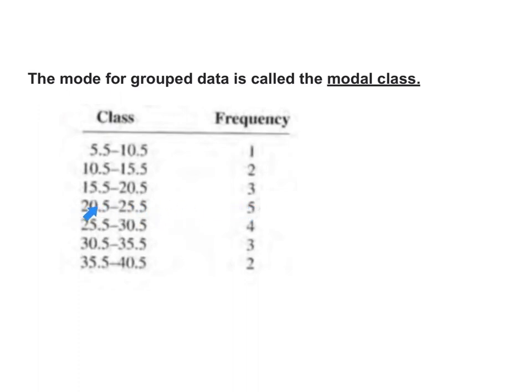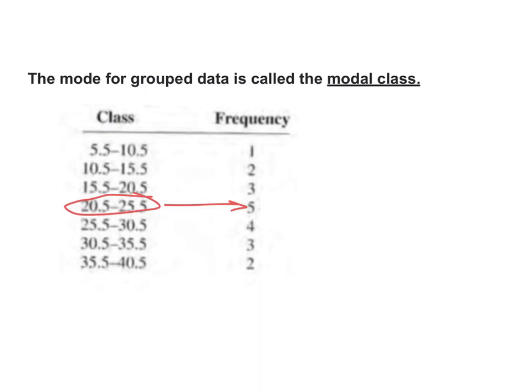So instead of saying, like we did before, 3 was the mode, because we don't know the actual data values, we choose the class that has the highest frequency. And in this case, the class with the highest frequency is right here, because 5 is bigger than the rest of them.